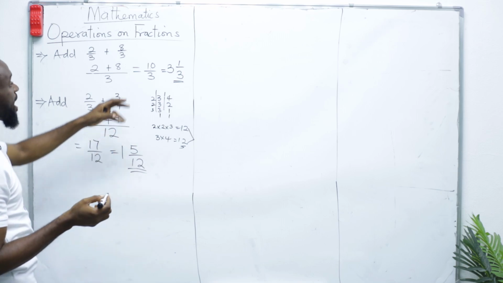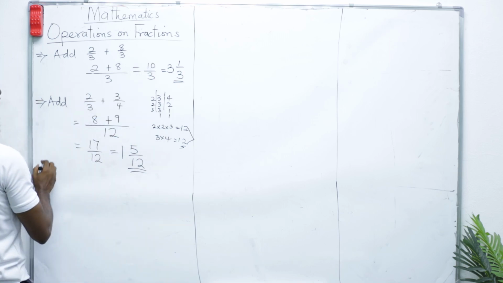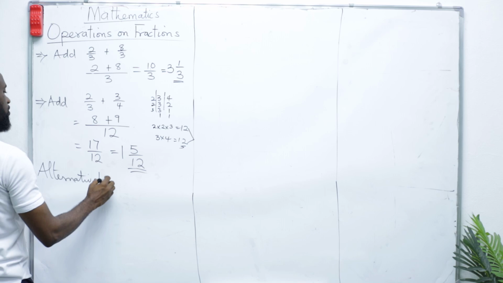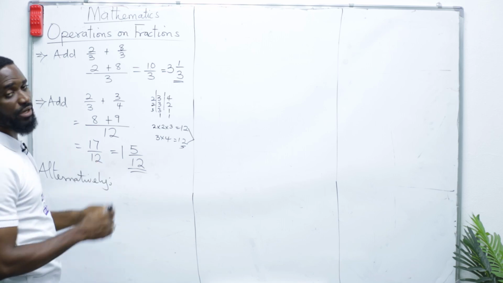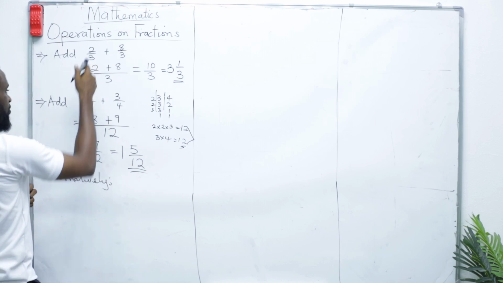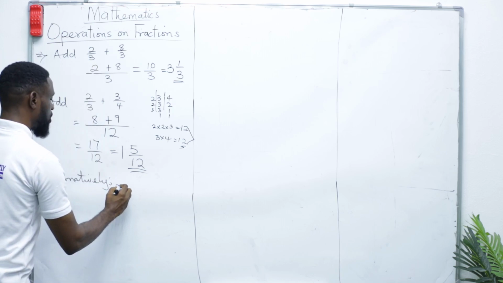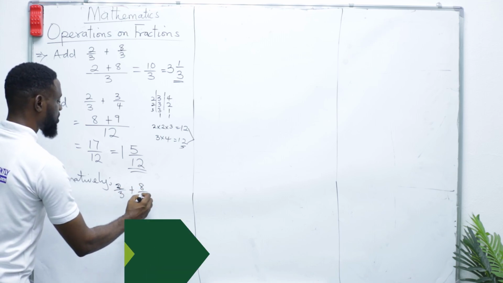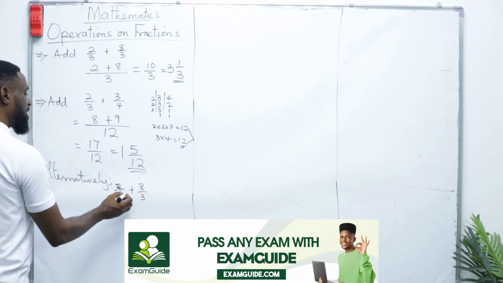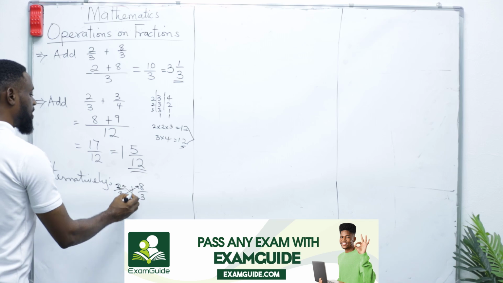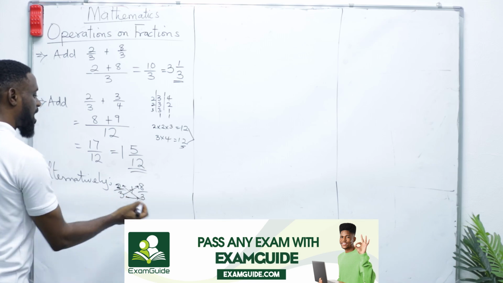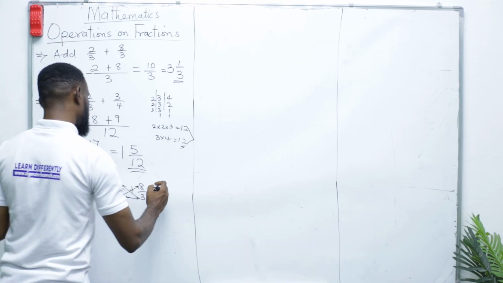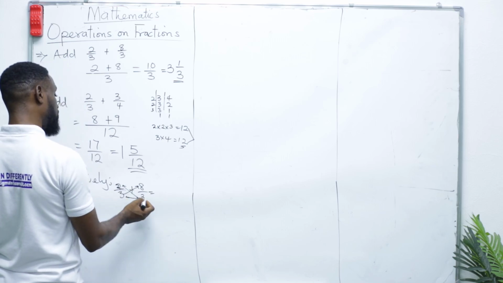Okay. Now, another way of doing this alternatively, instead of doing all these LCM and all that, the alternative way of doing this is, for example, for this one, this 2 over 3 plus 8 over what? 3. Just multiply here, and multiply here. Do you understand how? What that means is, let's start from 3 times 2.